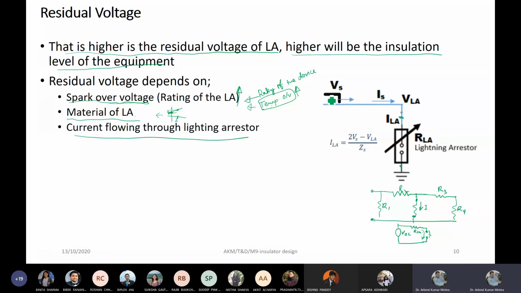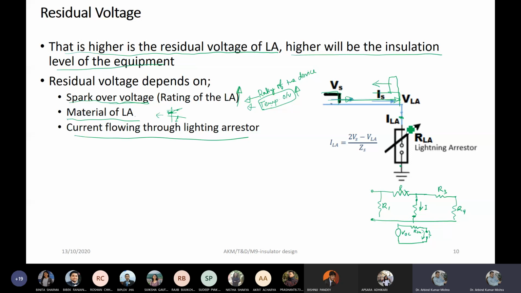The transient voltage wave strikes at this point, and you might have studied in traveling waves that when a traveling wave strikes any point on a circuit which is open circuit, the reflection coefficient at this point is unity. That means whatever wave is coming at this point, the full wave starts reflecting back.